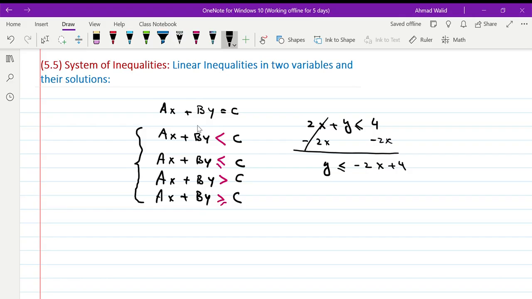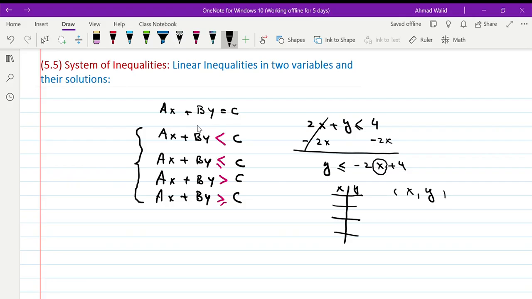It means any number that you plug in for x and satisfies this linear inequality, that ordered pair, of course you remember that if you plug in a number, if I choose some values for x, and it gives me an ordered pair of x, y, then any ordered pair that satisfies this inequality, we call the solution of this inequality, which we covered before.